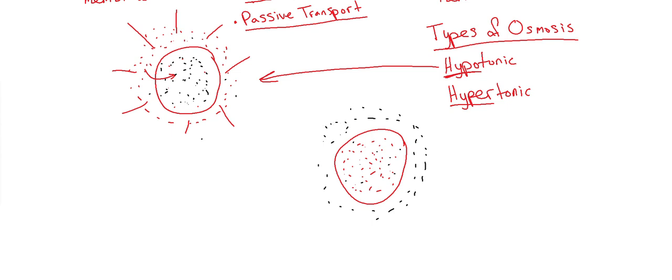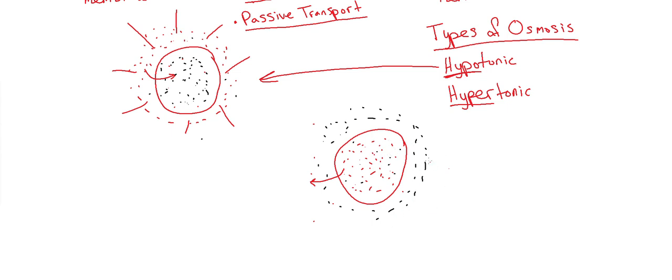So what do you think is going to happen? Well, you can probably guess. It's going to shrink. It's going to shrivel up, right? So instead of water rushing inside the cell, the water is going to go out because there's more water inside the cell. It's going to diffuse out to reach equilibrium, so that there's the same concentration of water as there is salt.